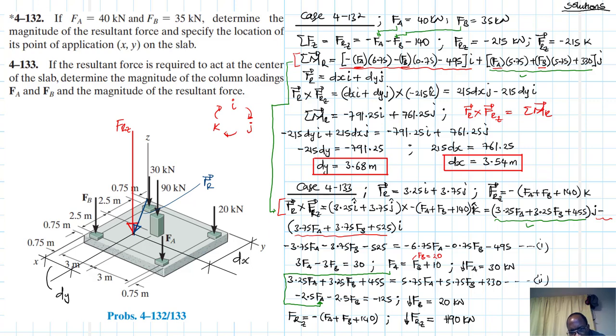So this is 190, right? So we have FA there like so, we have FB, we have the resultant like so.